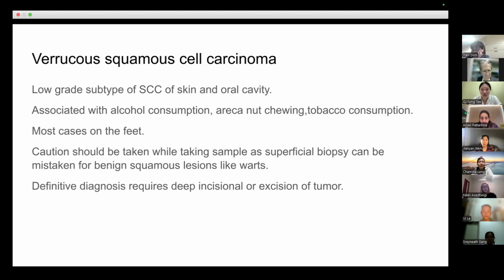They say you can do a conservative excision, and they don't need to do lymph nodes or anything like that. They just need to take the whole lesion out, and hopefully we won't have recurrence, and these have a very low rate of metastasis. But again, these are very hard diagnoses to make. Nothing helps you: no atypia, no invasion. It's basically going to be based on just a few morphologic cues.